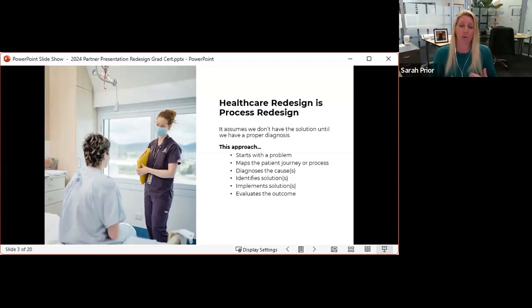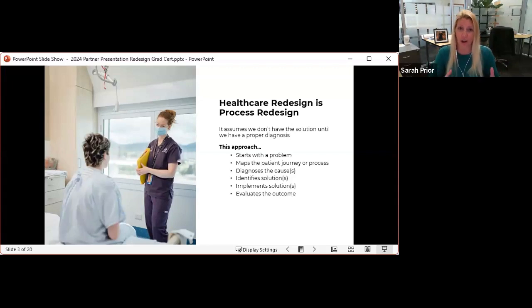We then undertake what we call a diagnosis of the problem, which is looking at all the evidence to support that problem. So things like a root cause analysis, looking at organisational data, talking to patients, families, staff, all those sorts of things. And this ensures that we have a really good understanding of what that problem is from a whole range of perspectives around what's actually currently happening on the ground.